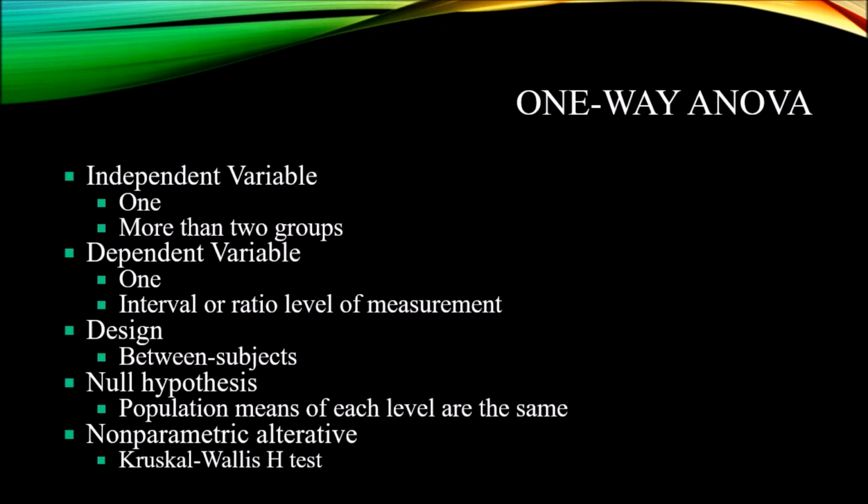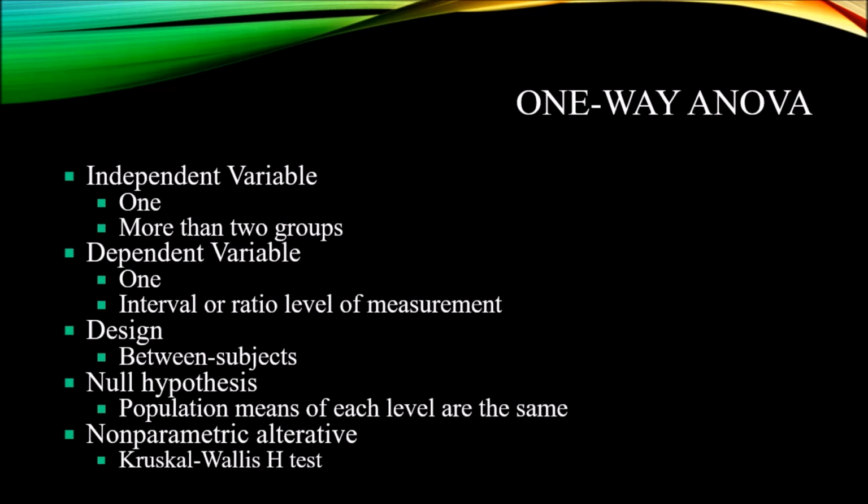To do that piece, we use what's called post hoc testing. And we would select a post hoc test based on the characteristics of the independent variable. For example, are the sample sizes for each group equal or unequal? And there are also a number of other characteristics you have to keep in mind for post hoc tests.